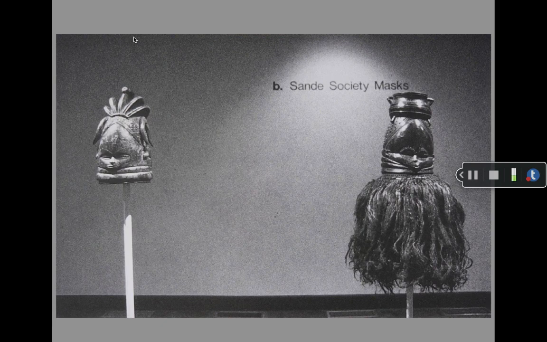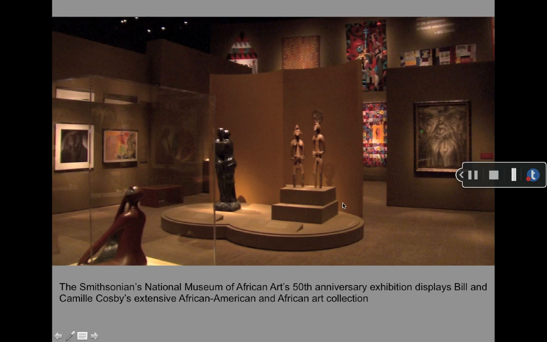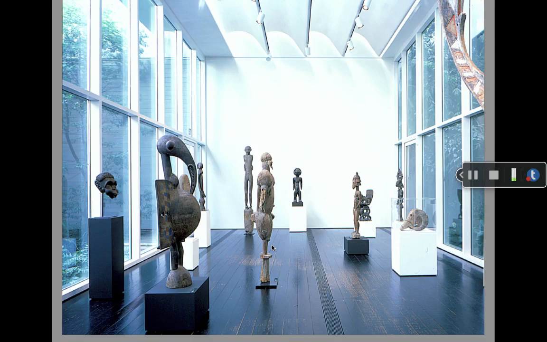What is wrong with this? I don't want to talk too much about it, but I want you to think about this. Is this okay? Are you happy seeing these types of displays for these masks in glass boxes like this, completely deactivated? Here again we have more African arts being displayed.